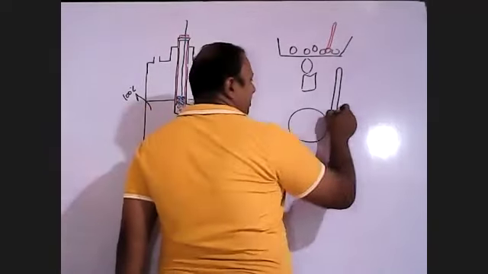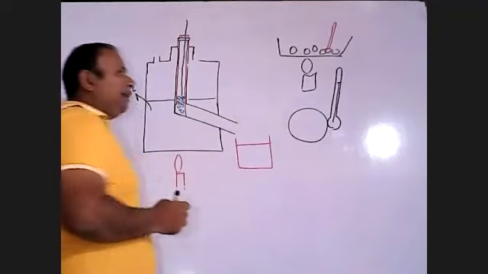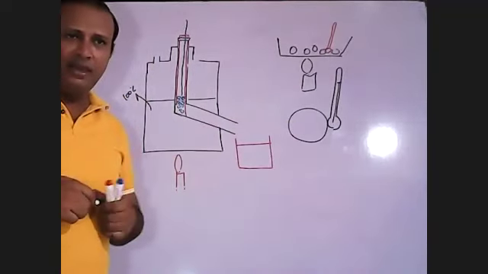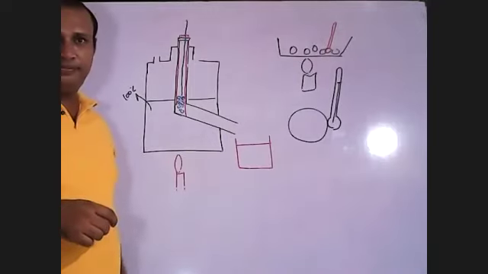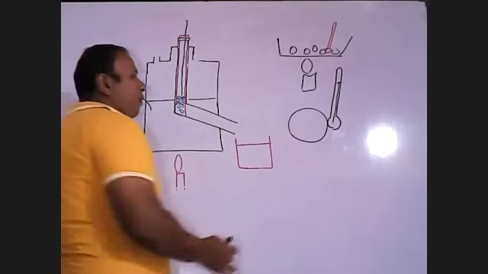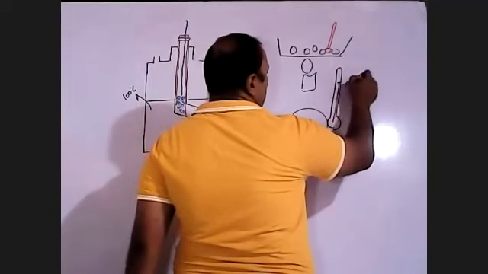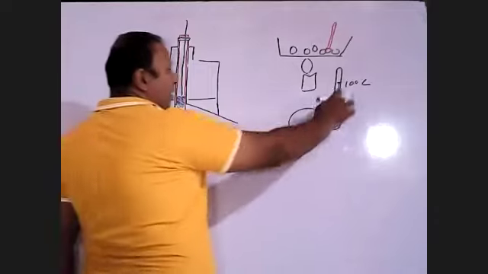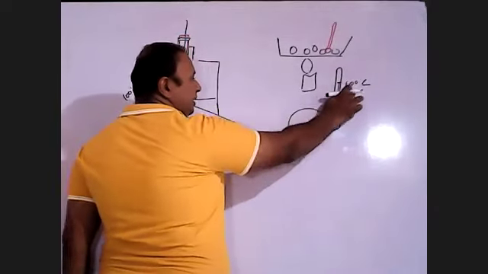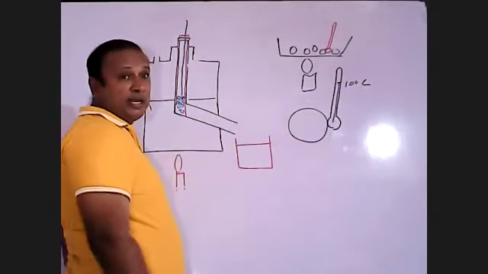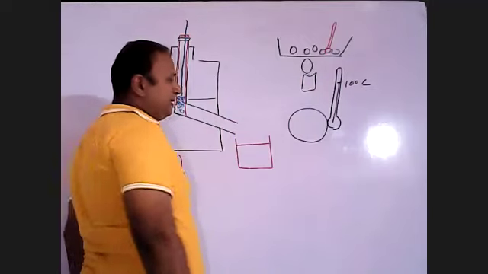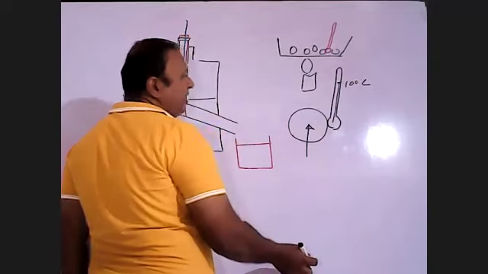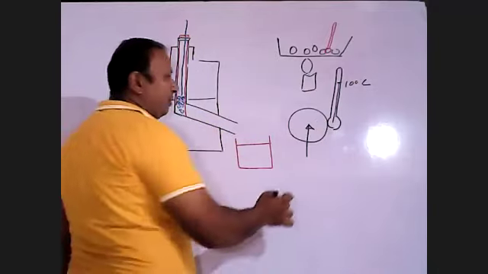Therefore, it gives the temperature reading of the outside only. Suppose the temperature of the outside is 100 Celsius. Although the outside surface is at 100 Celsius, the inside temperature might be some lesser value.